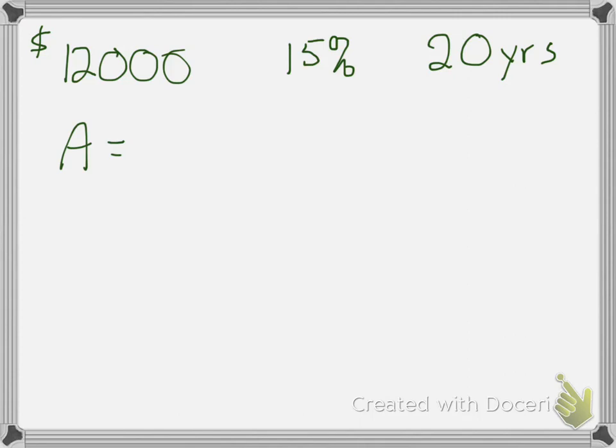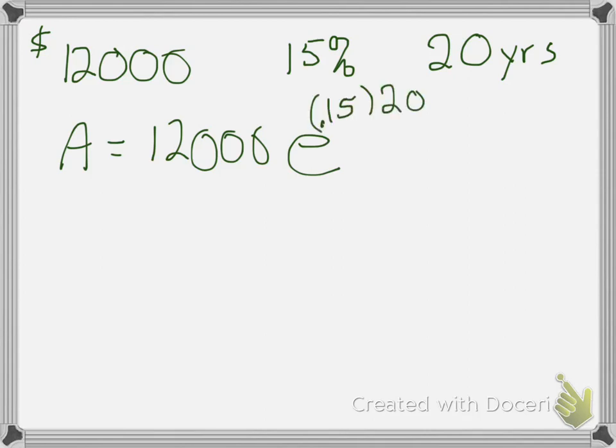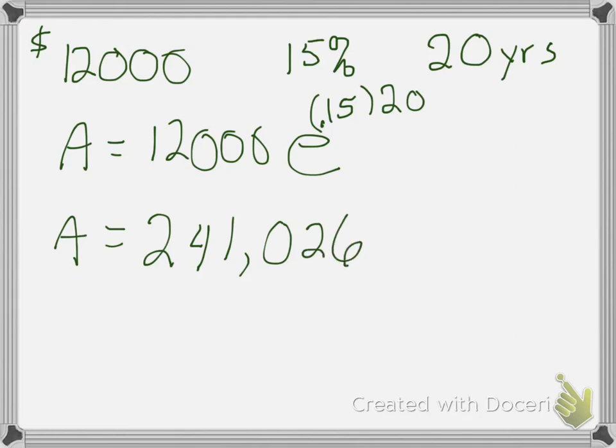Well, there we're looking for an amount, and that would be our 12,000 times E raised to the 0.15 times 20. Well, this we can stick right in our calculator. And we get $241,026.44.